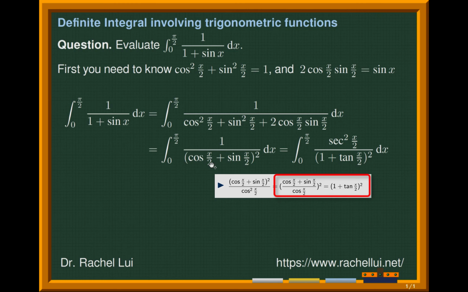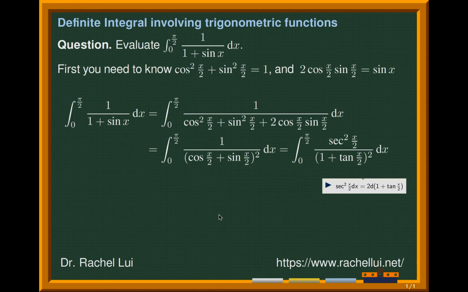Cosine x divided by 2 over cosine x divided by 2 gives 1, and sine x divided by 2 over cosine x divided by 2 gives tangent x divided by 2. So the denominator becomes (1 plus tangent x divided by 2) squared.